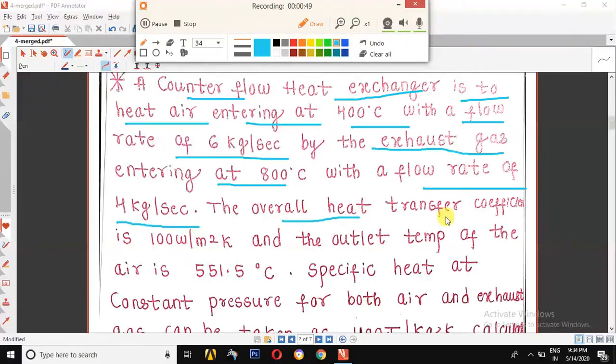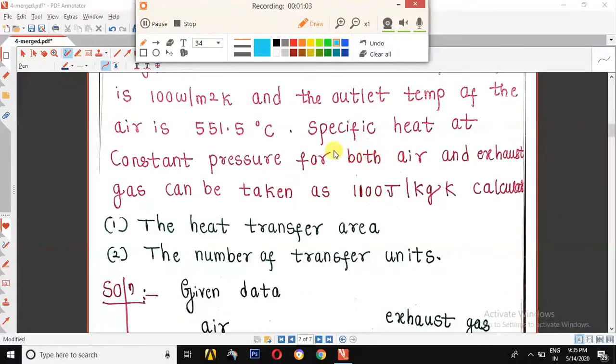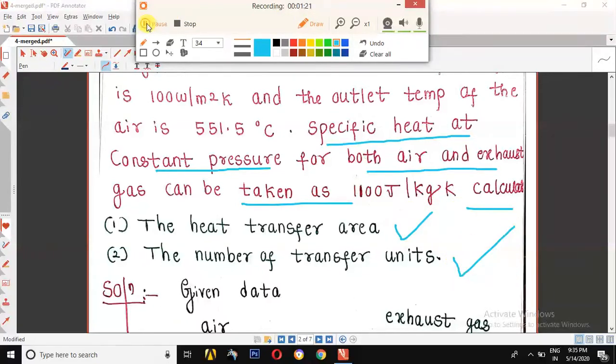The overall heat transfer coefficient is 100 watt per meter square Kelvin and the outlet temperature of the air is 551.5 degrees Celsius. Specific heat at constant pressure for both air and exhaust gas can be taken as 1100 joule per kg Kelvin. Calculate the heat transfer area and the number of transfer units.